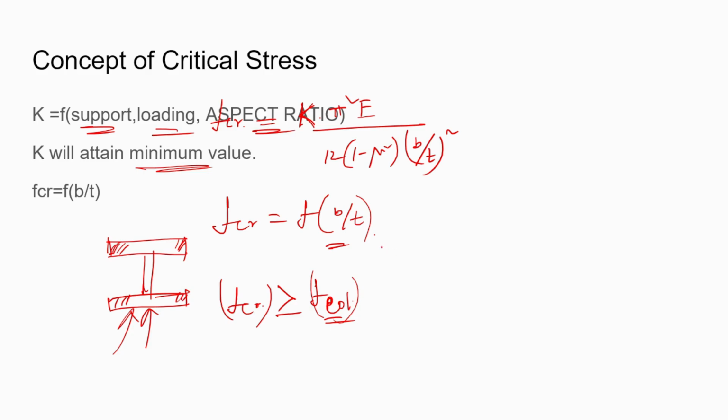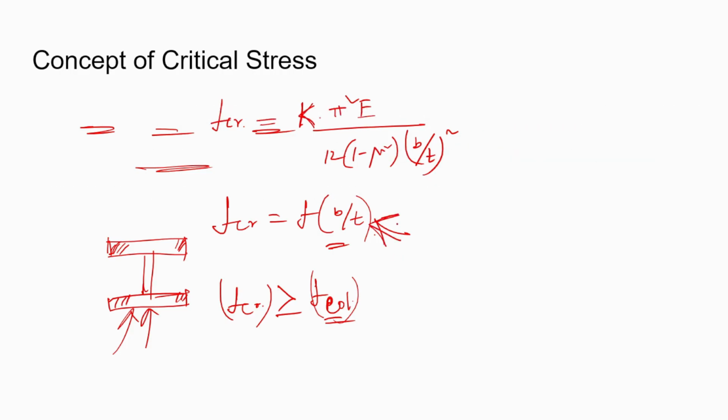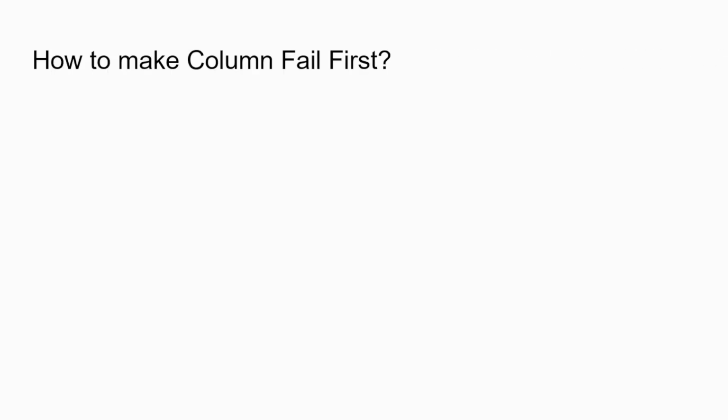For that, we can simply play with this b by t ratio. That is the only option we have, right? Now let's see how the codal provisions have been made based on this simple concept. That means to manipulate this critical stress, we will play with this b by t ratio.